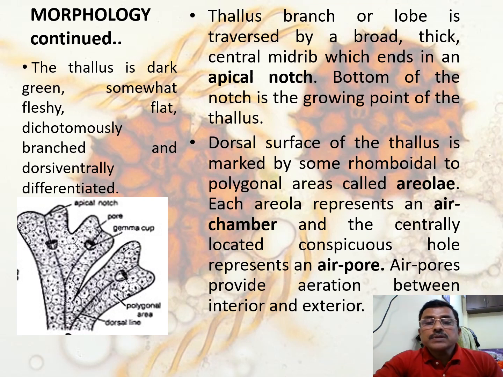The dorsal surface of the thallus is marked by some rhomboidal to polygonal areas called areolae. Its singular form is areola. So each areola represents an air chamber, and the centrally located conspicuous hole represents the air pore. The air pore is meant for gaseous exchange between exterior and interior.